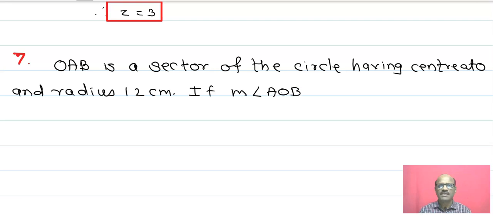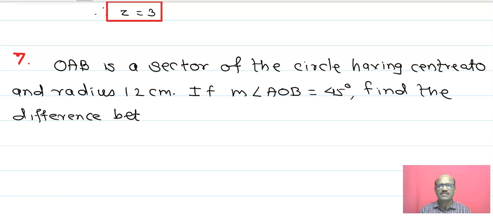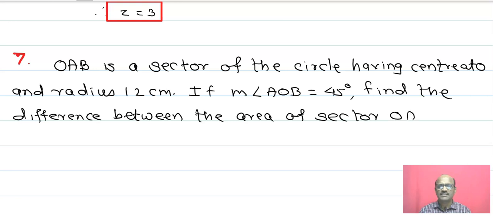If angle AOB is equal to 45 degree, find the difference between the area of sector OAB and the area of triangle AOB.